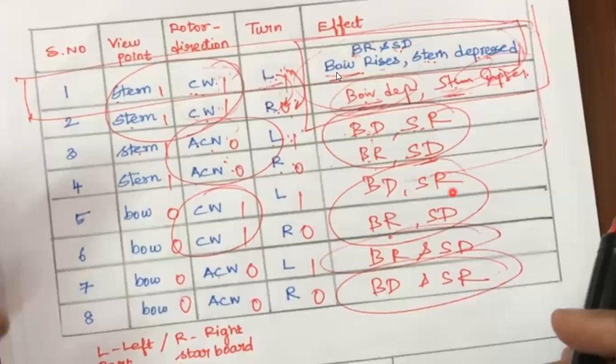Whatever you filled in the first half, fill the opposite of it for the second half, so that you can easily tabulate this. You need to write the effect of the pitching, whether it's a left or right turn. This tabular column is very, very important, and you need to keep this in mind.